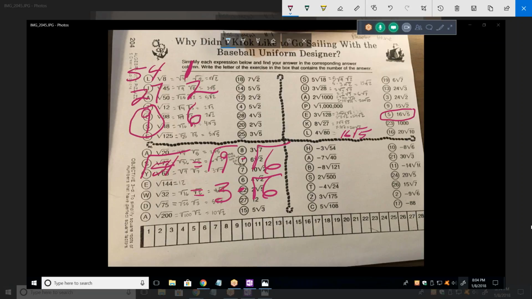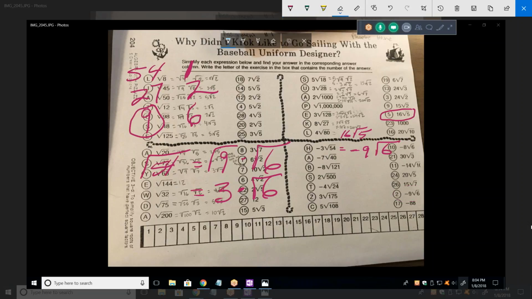If we go back and include this -3 that's in front, what's my entire answer here? -3 radical 6. Okay, you've got to multiply the -3 times the +3. So that's -9 times root 6. Oh, got it. Is that the answer right there? Okay.